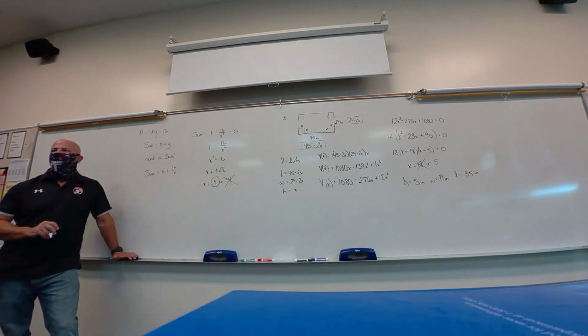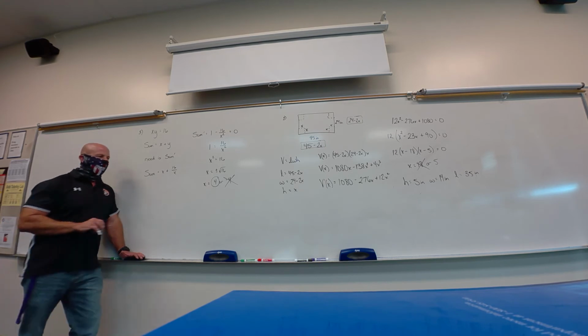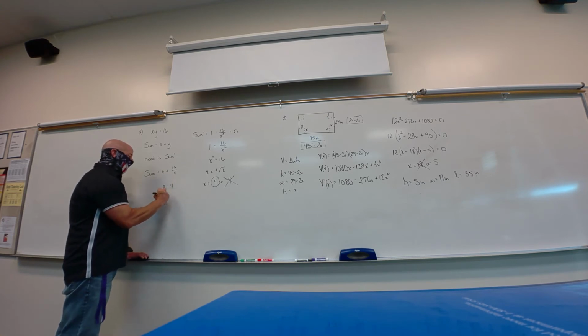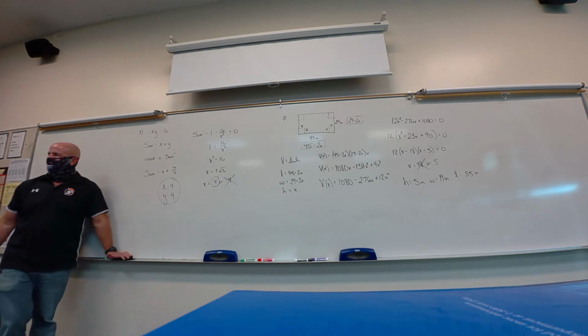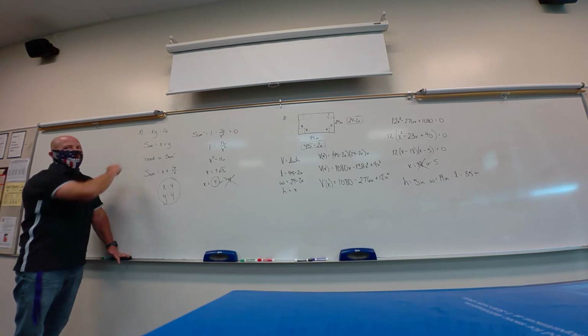Because it says positive. In the instruction, it says two positive numbers, so that's going to eliminate that negative 4. So in this case, x would be 4, and also y would be 4. Since x times y is 16, if x is 4, that's going to leave a 4 for y.